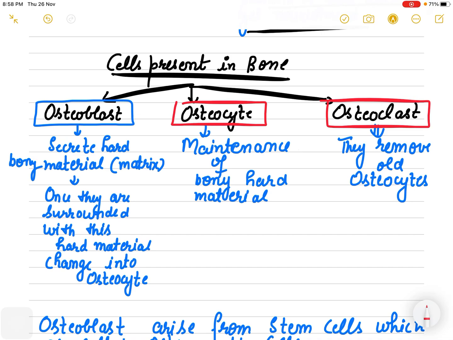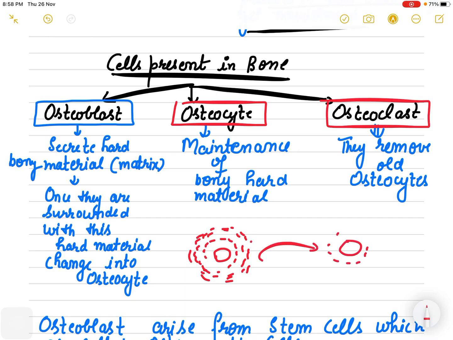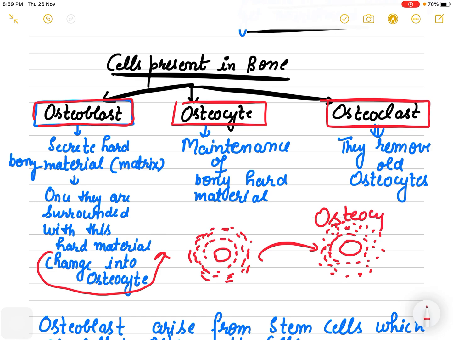The osteoblasts secrete a very hard bony material, or matrix, and once the cells are surrounded by this bony hard material, they change into osteocytes.